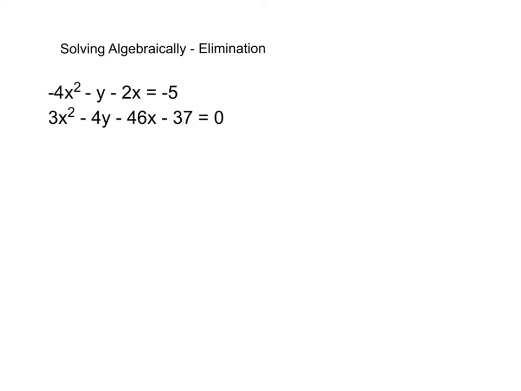And if we eliminate the x squareds, then we still have y's and x's and we can't solve. If we eliminate the x's, then we still have y's and x squareds and we can't solve. And so what we're going to eliminate is the y's, and we'll do that by multiplying the first equation by 4 or negative 4. I think I'll do negative 4.